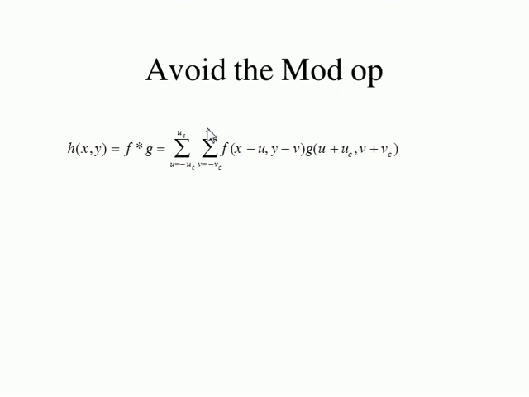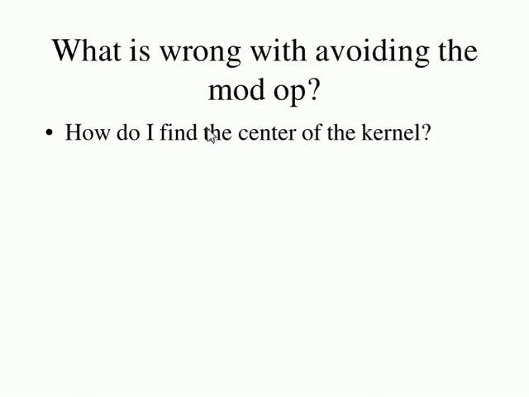And then I can always make sure that I don't go out of bounds, I don't have an array exception at runtime. I don't go out of bounds when I index into the kernel of the convolution. So if I can't find the exact center of the kernel, the analyzing function, then I've got a problem. I've got to use the mod operation.